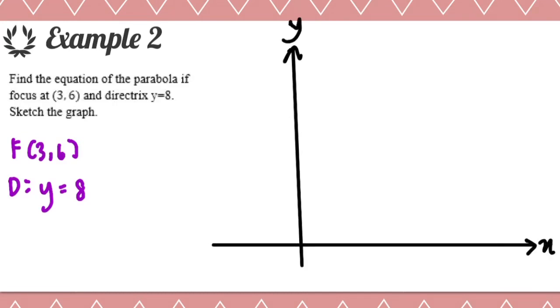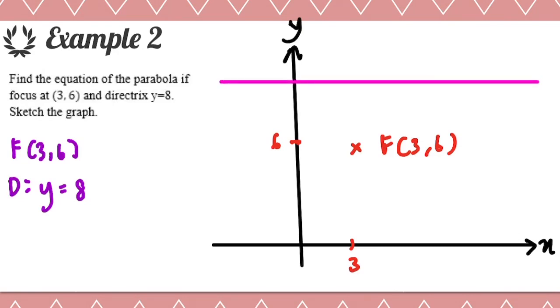So let's draw the x-axis and also the y-axis. Then put in all the points that we have. We have the focus at (3, 6), so let's draw it here as your focus. And then you have the directrix line at y = 8. So let's draw one line.